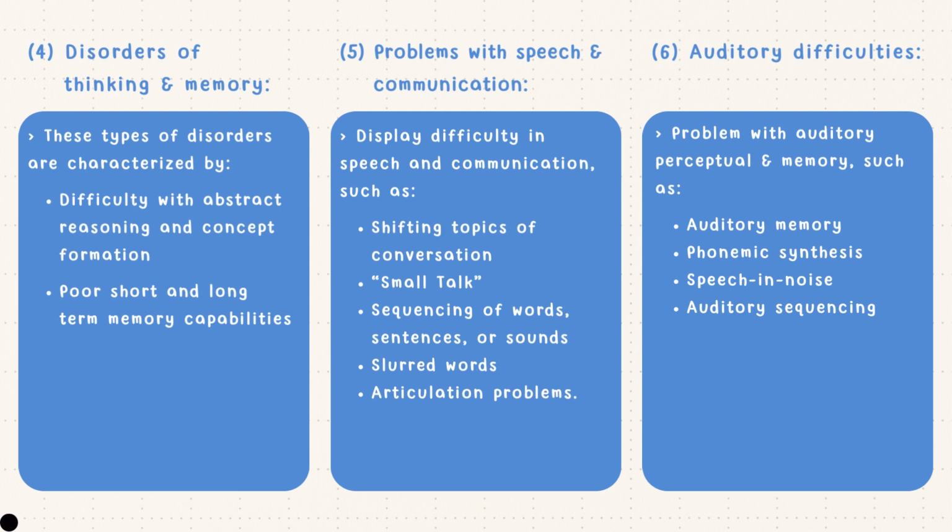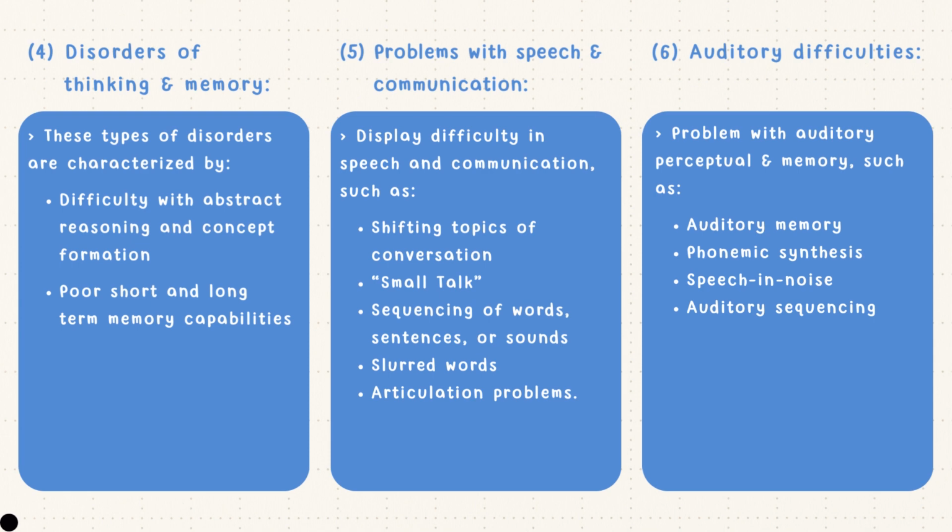Next, disorders of thinking and memory. These types of disorders are characterized by two components. The first one is difficulty with abstract reasoning and concept formation. The second one is poor short and long-term memory capabilities.